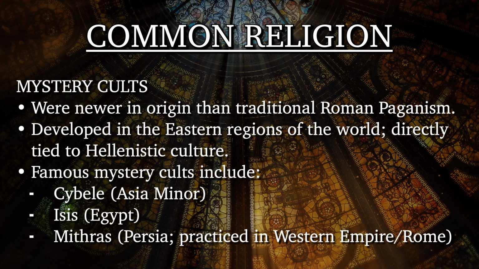Mithras was originally a Persian deity of a number of things: light, oaths, covenants, and other complex things which aren't this evening's point. But nevertheless, it had worked its way all the way across to Rome, where it had become particularly popular in the Western Empire and specifically Rome itself.